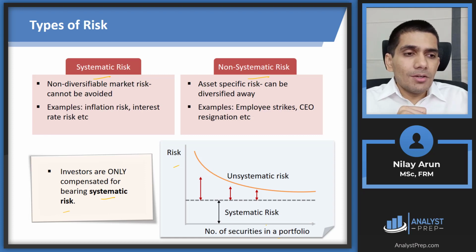So when you keep increasing the number of securities in the portfolio, that is there on the x-axis, you see your systematic risk is going to remain constant because you cannot get rid of that. However, the unsystematic risk part of it keeps going down. It keeps declining. So this is what you are able to avoid, what you are able to reduce by increasing the number of securities. But systematic risk cannot be reduced, and that's the reason why the market should be rewarding you for systematic risk and not unsystematic risk.